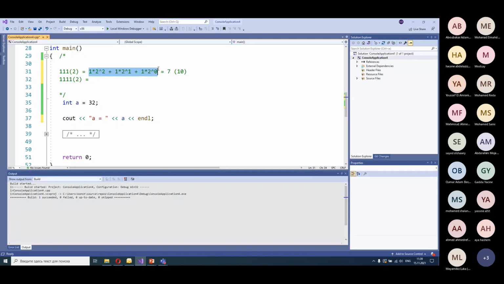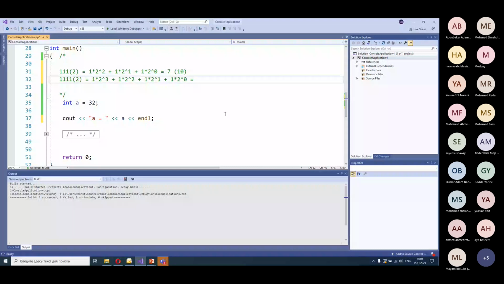We should take this value and add one more, 1 times 2 to the power 3. What do we have? We should add 7 plus 2 power 3, 7 plus 8. 15. 15, right? 15.